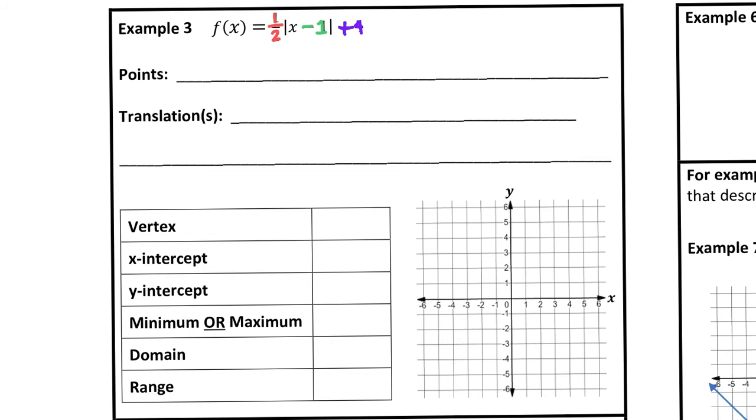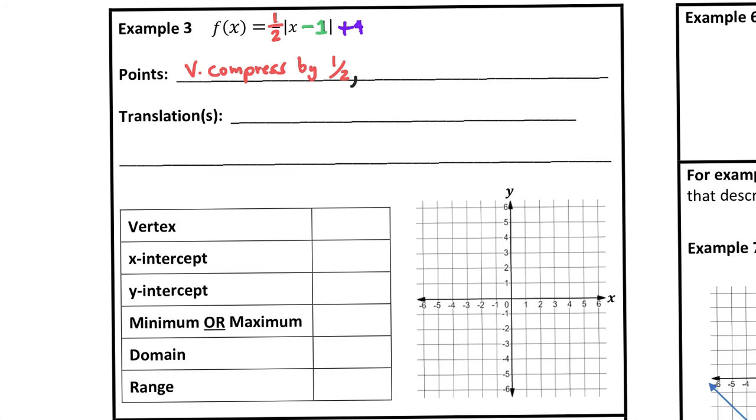So we have a vertical compression by 1/2.